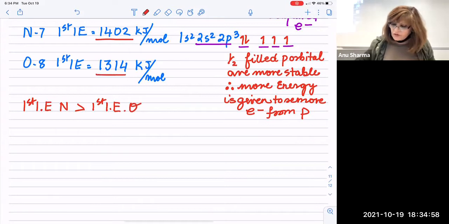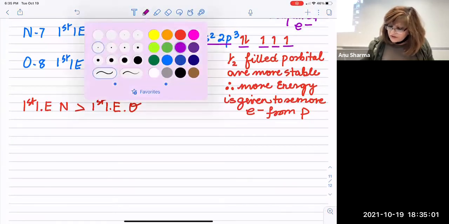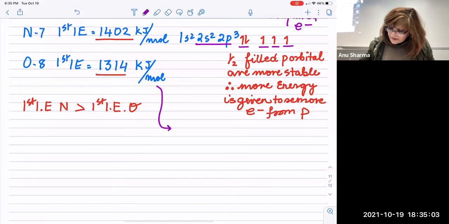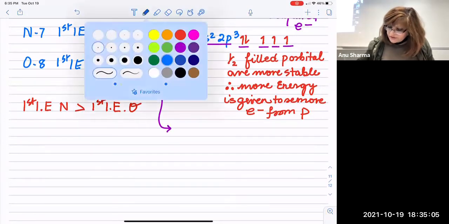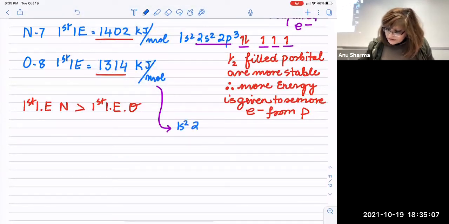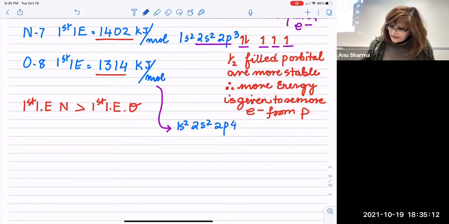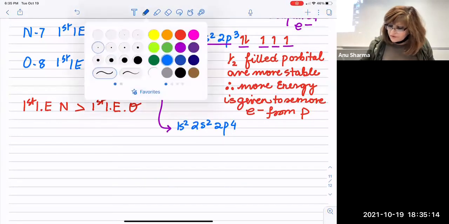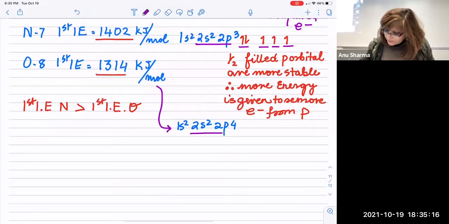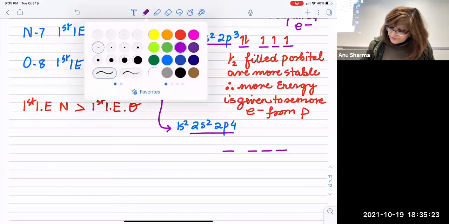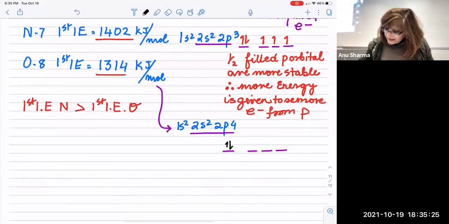Oxygen has less. Now, why is that so? Oxygen is 1s2, 2s2, and 2p4. So here, there's already a problem. Look at 2s2 and 2p4: 1, 2, 3, and 4.